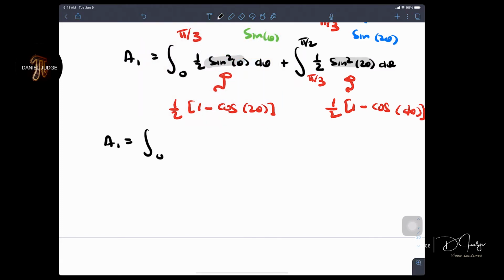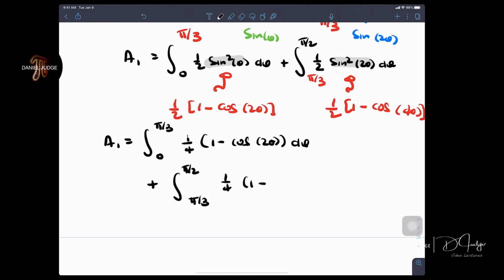The integral 0 to pi over 3, 1/2 times 1/2 is 1/4, 1 minus cosine 2 theta d theta, plus the integral from pi over 3 to pi over 2, 1/2 times 1/2 is 1/4, 1 minus cosine 4 theta d theta.